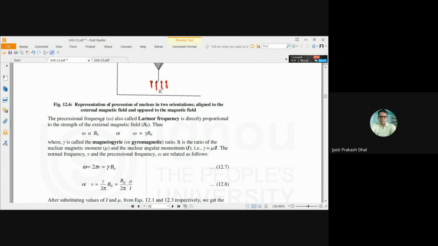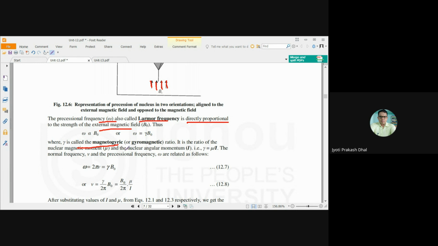The precessional frequency omega is called the Larmor frequency and is directly proportional to the strength of the external magnetic field. So the precessional frequency of the proton omega is directly proportional to B naught, and omega equals some constant gamma times B naught. Here gamma is called the gyromagnetic ratio or magnetogyric ratio.